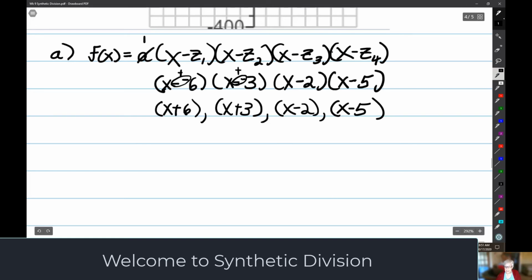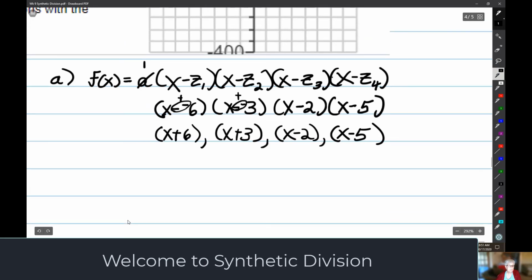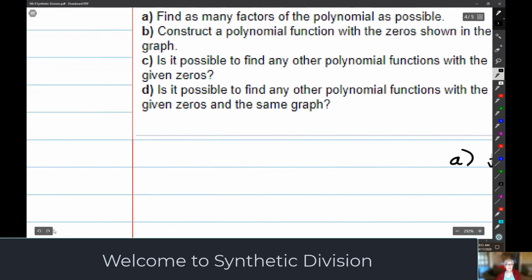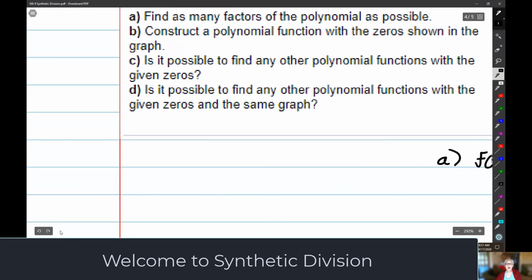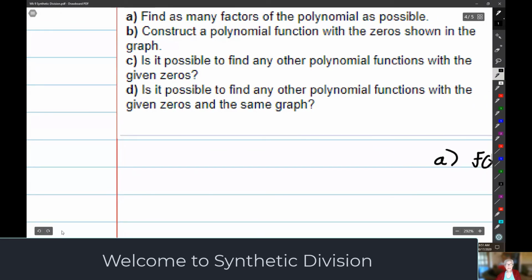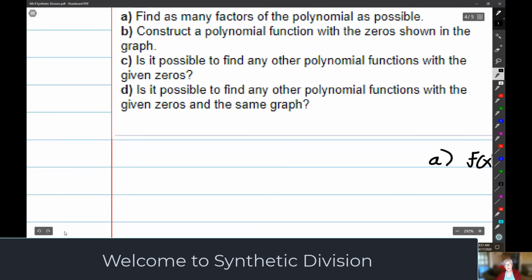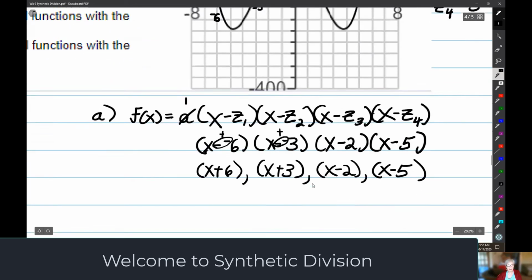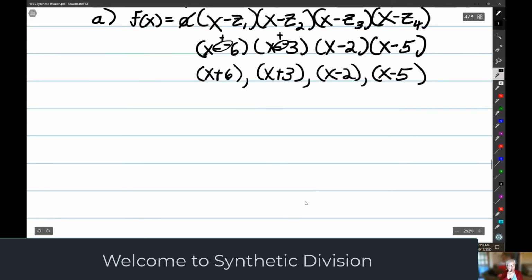Now, part B. Construct a polynomial function with the zeros shown in the graph. To do that, what I do is this.